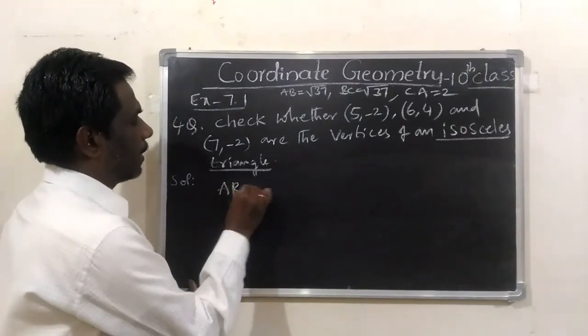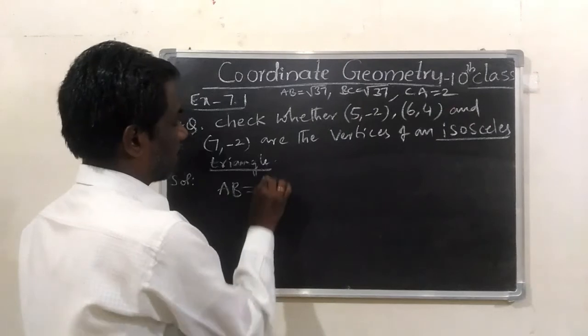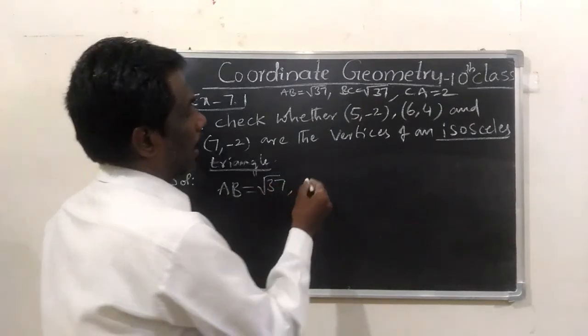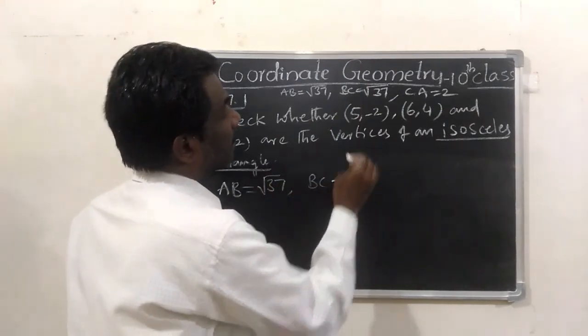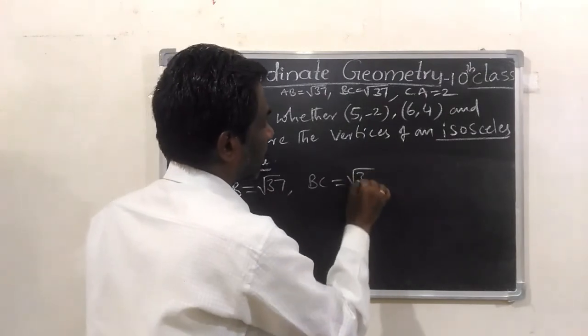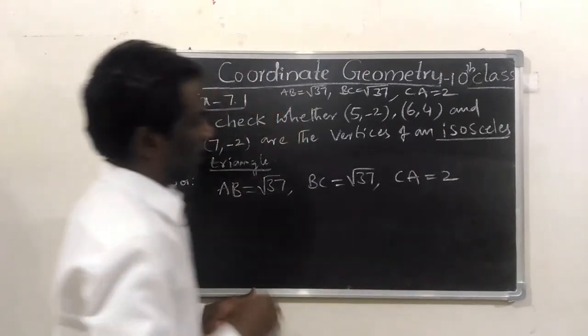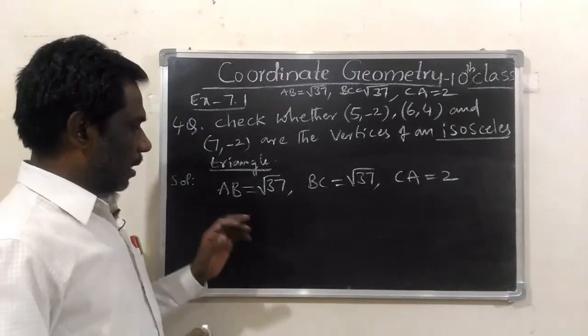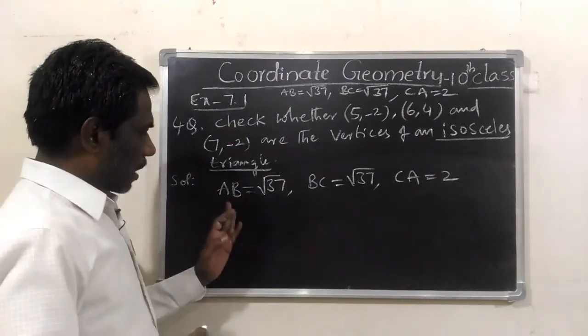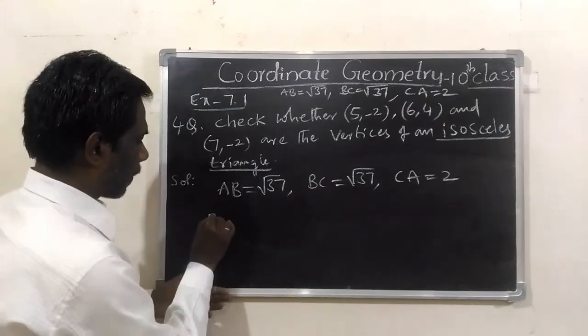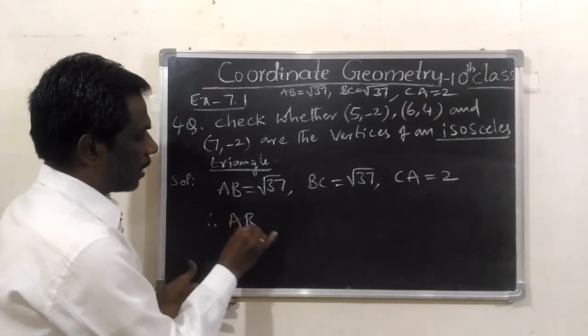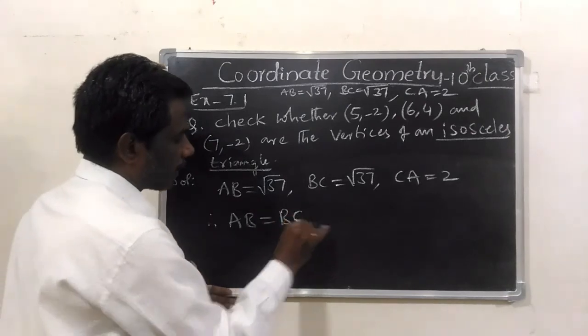Now I am writing AB. AB distance is root 37, and we got BC distance is also root 37, and the CA distance is 2. So from these three, we can conclude these two are equal. Therefore, AB equals BC.